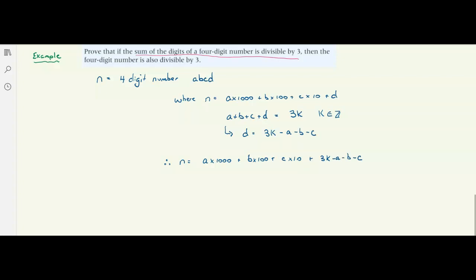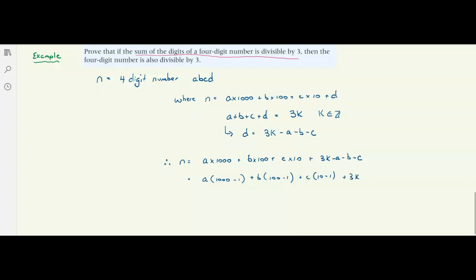Now let's do a little simplifying. I put my A terms together, so I get A by 1000 minus 1, B by 100 minus 1, C by 10 minus 1, and I get 3K.